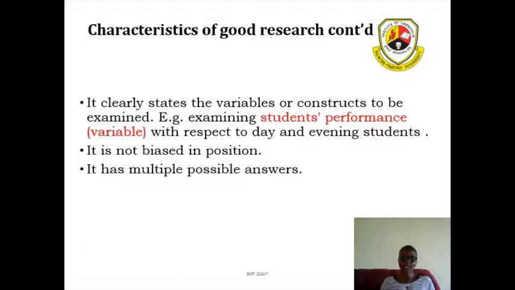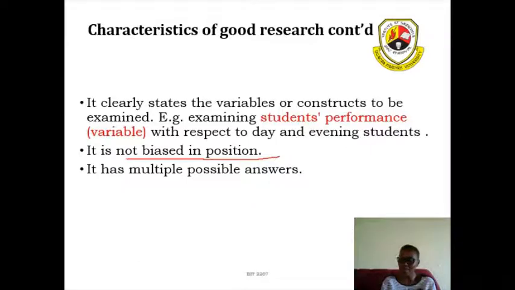Then your research must not be biased. Now, this one is very difficult to achieve as human beings, because as human beings, we have our inclinations, we have our pride, we have things that we want, we have our will that we want to push forward.